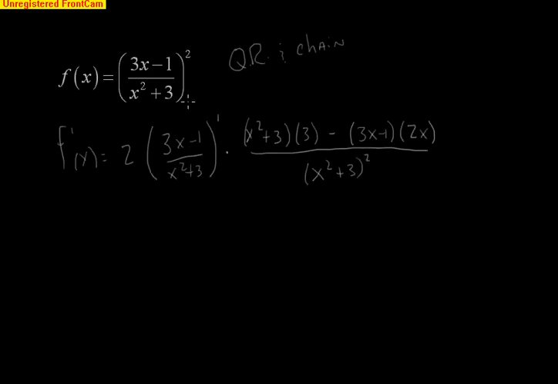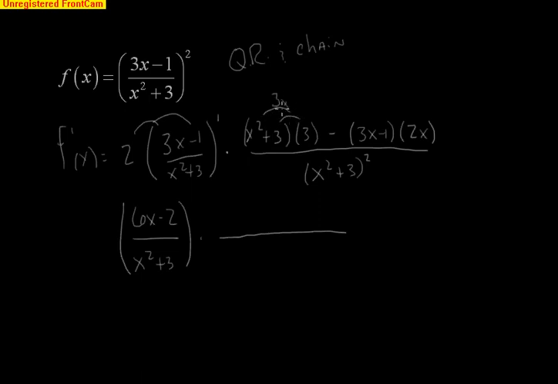Alright, so now cleaning this up algebraically. Again, calc was one step. Now we've got to do all the simplifying with just basic algebra. I'm going to distribute the 2. So I'm going to have 6x minus 2 all over x squared plus 3. And then on the top here, I've got to distribute. So I'm going to have 3x squared plus 9.